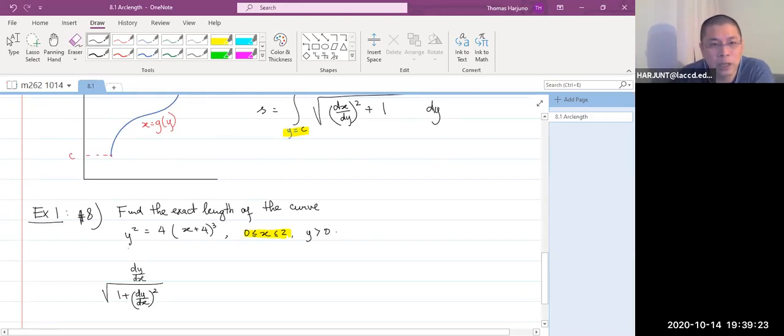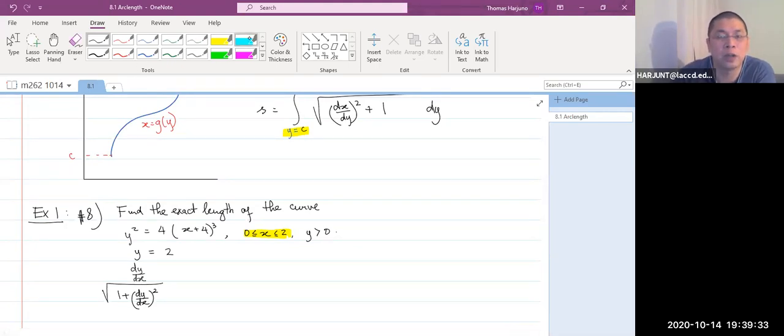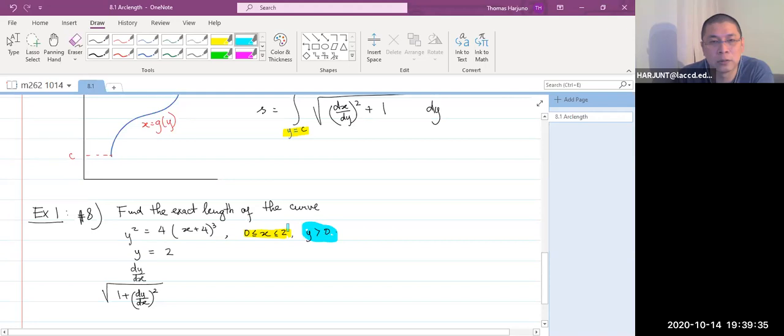To find dy/dx, let's see what y is first. Y will be the square root, and we take the positive branch because of this. I take the positive branch, the square root, and then I do the square root here. That will be 2 times (x plus 4) to the power of 3/2.